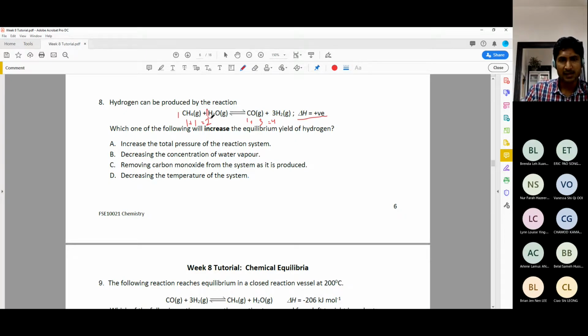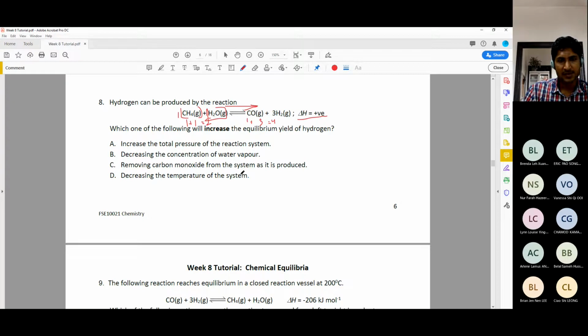If I use a higher concentration of either of these gases, the reaction will go forward and more hydrogen will be produced. When I decrease it, it is not producing more hydrogen; rather, the inverse effect is happening.